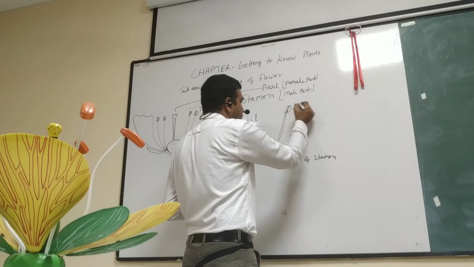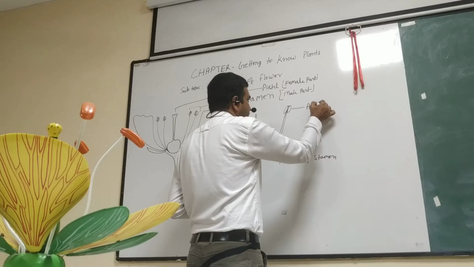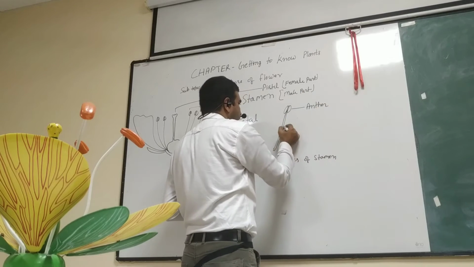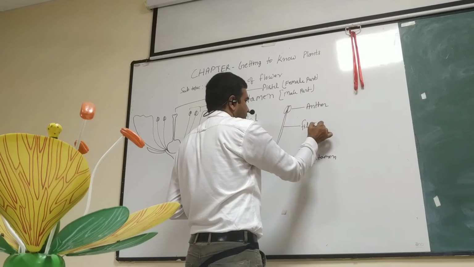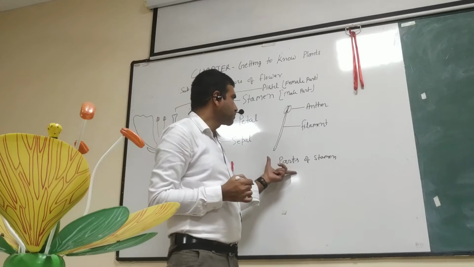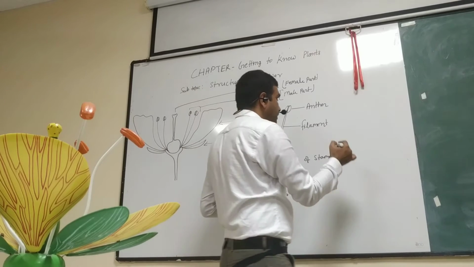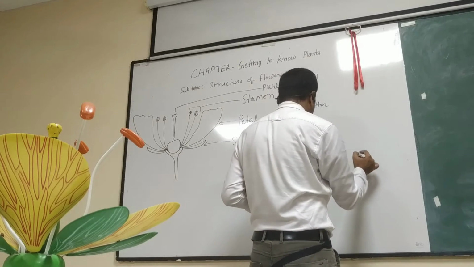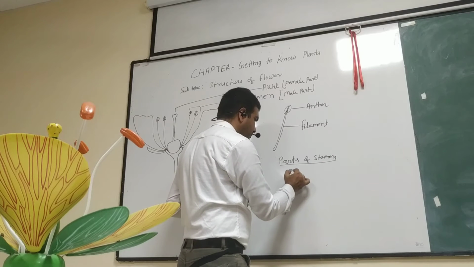One is the lobule part, that is called anther. Lobe-like structure. And the thread-like structure is called filament. So a stamen consists of 2 parts, anther and filament. Similarly you can write a stamen, that is the male part of the flower.